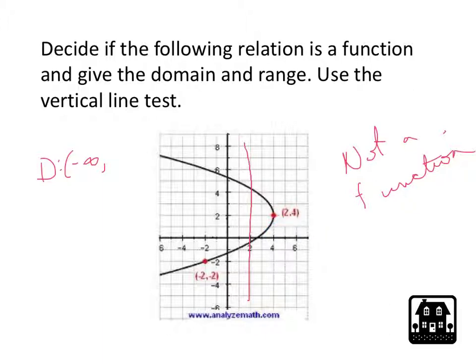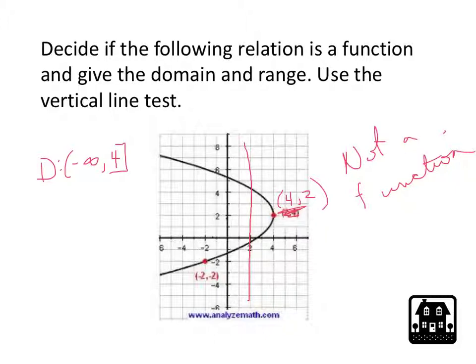They drew that wrong. So let me fix that. That should be x equals 4, y equals 2. Okay, so x equals 4 is the highest number of x that we can get, and it is included in it. So we use a bracket to show that 4 is included.